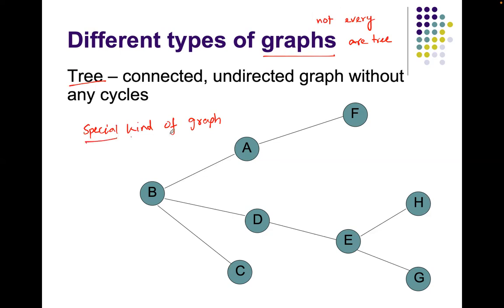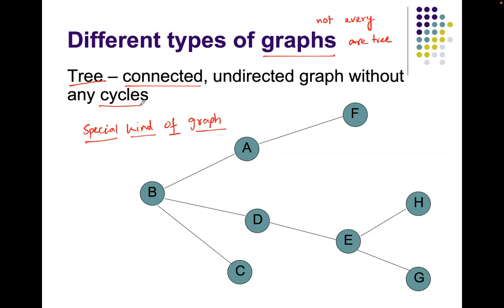We can say that every tree is a graph, but not every graph is a tree. So a tree is a connected, undirected graph without any cycle.